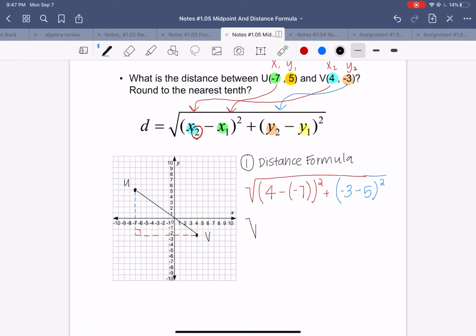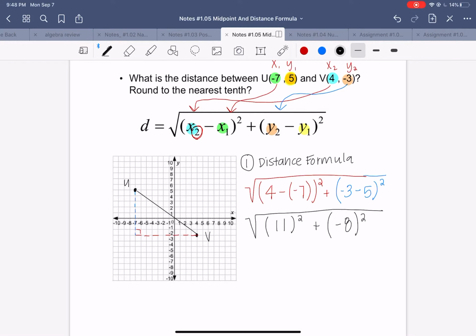We have to solve everything in the parentheses first. So we have a 4 minus a negative 7. Okay, so we should get 11 squared plus a negative 3 minus a 5. So negative 3 minus a 5, we get negative 8 squared.